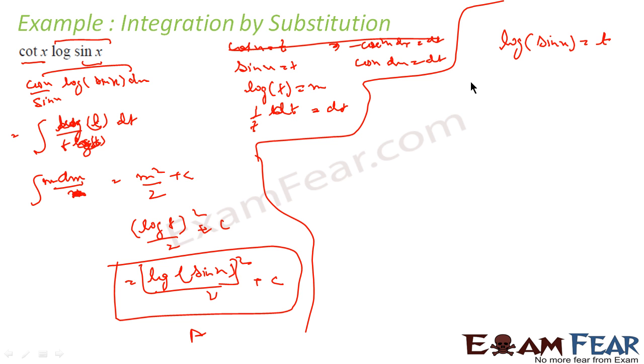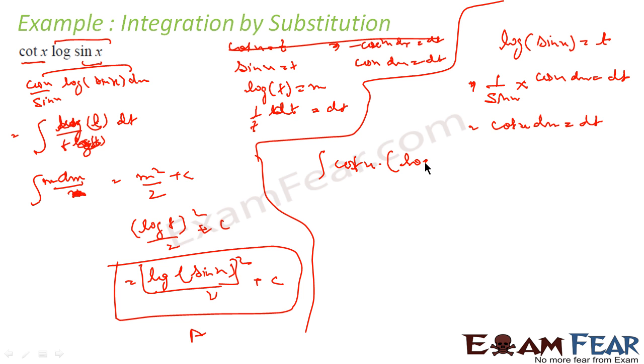If you differentiate, you get 1 by sin x into differentiation of sin x, that is cos x dx, is equal to dt. That is cot x dx is equal to dt. Now my equation is cot x into log sin x dx.